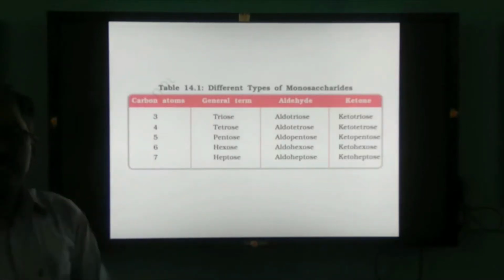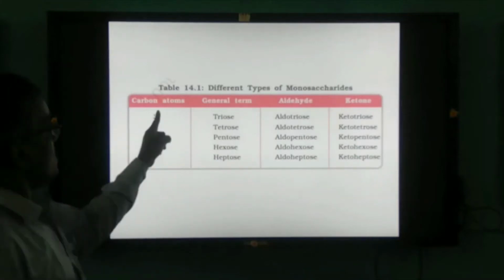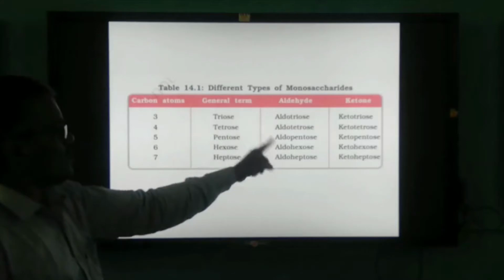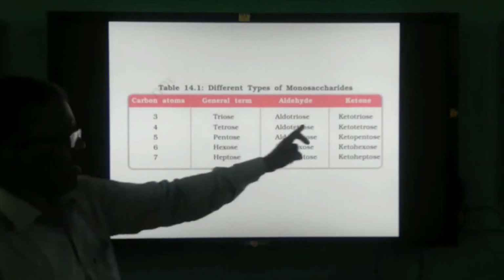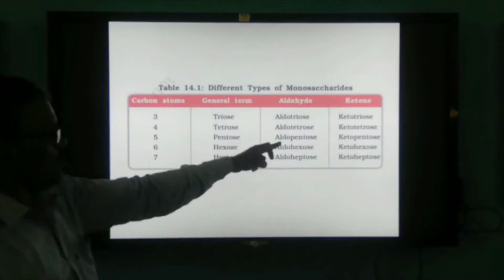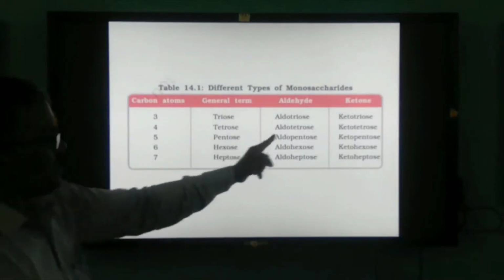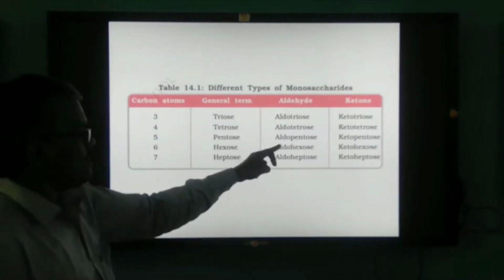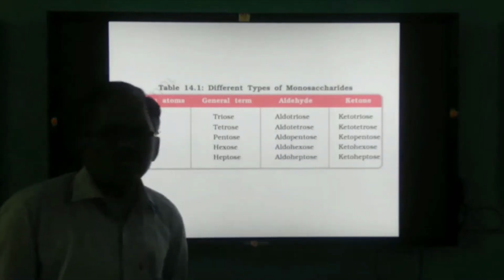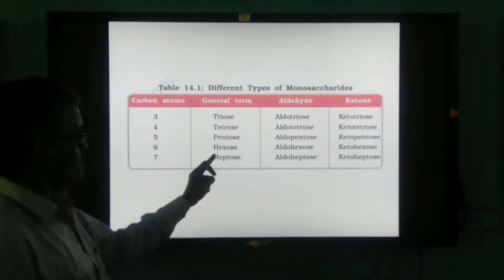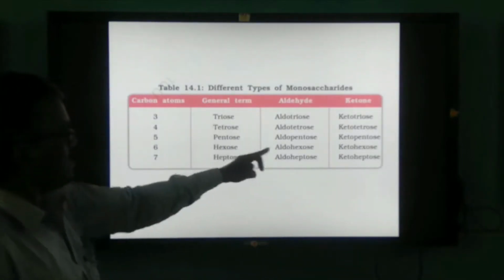Again, based on the functional group, if the 3 carbon monosaccharide contains an aldehyde group, it is called aldotriose. If it contains a keto group, it is called ketotriose. Similarly, aldotetrose having 4 carbons, ketotetrose. Aldopentose having 5 carbons with an aldehyde group, ketopentose having 5 carbons with a keto group. Understood? So hexose, aldohexose and ketohexose.